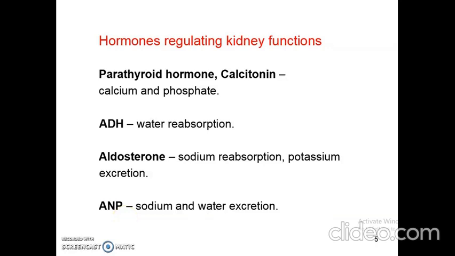When there is an increase in load on the atria of the heart, there is a secretion of atrial natriuretic peptide. It acts on the nephron and facilitates the excretion of sodium and water. Once the load on the heart normalizes, it stops the secretion of atrial natriuretic peptide.